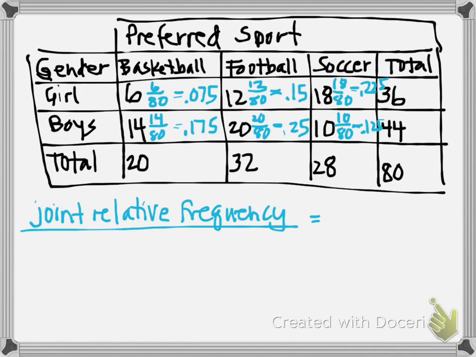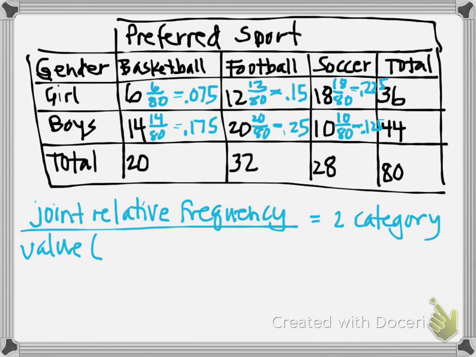And in joint relative frequency, you are dividing a frequency that's not in the total column by how many people were in the survey. So we're going to take a 2-category value.